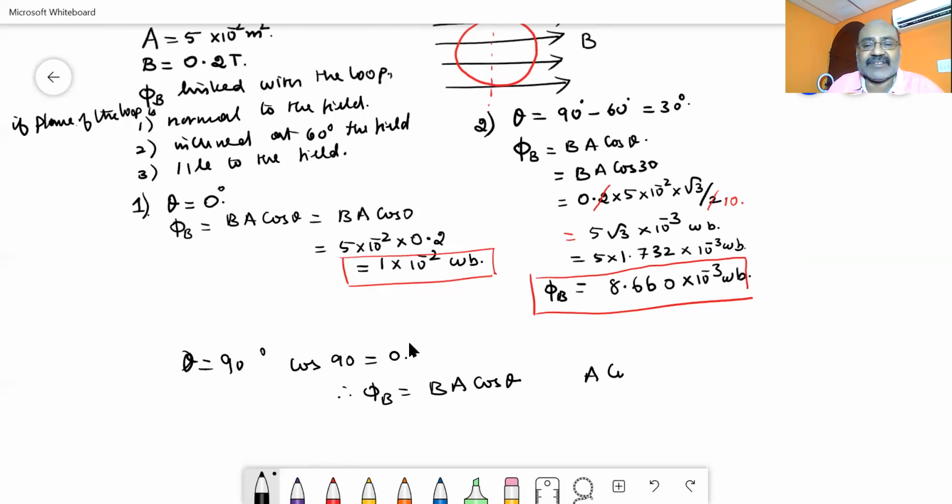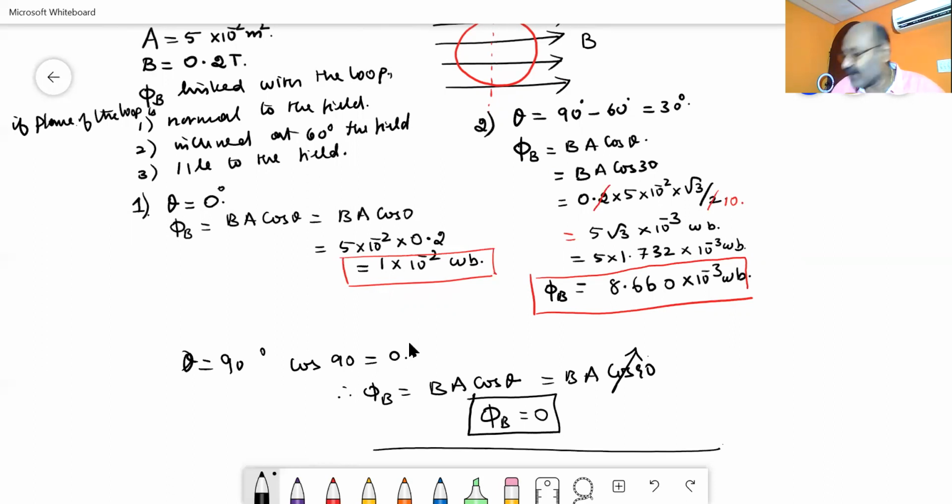Cos 90 becomes 0, so the magnetic flux available is 0. This we consider as the answer for the third case.